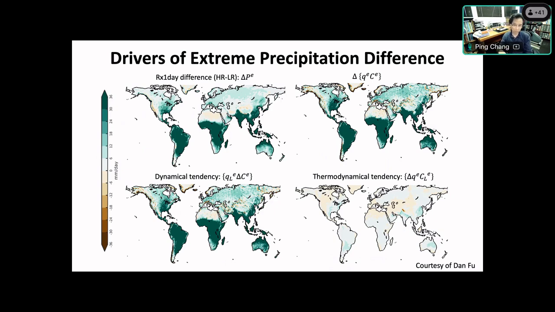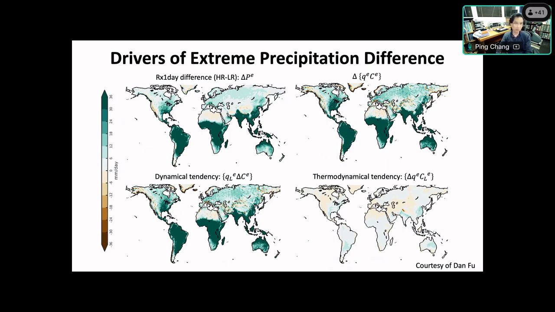So that's one of the interesting results we find. After we did this, of course, we want to know what physical phenomenon really governs this circulation difference between the high resolution and low resolution.